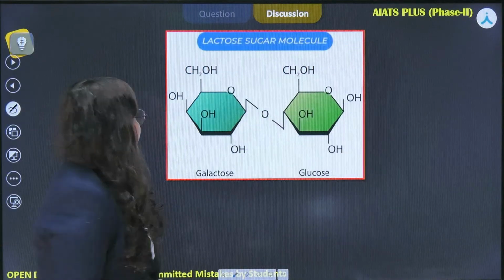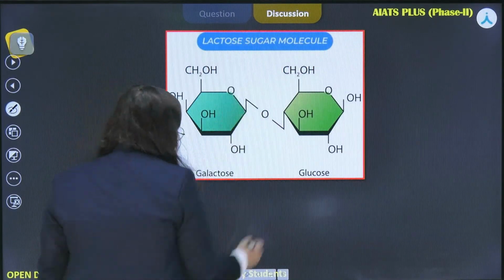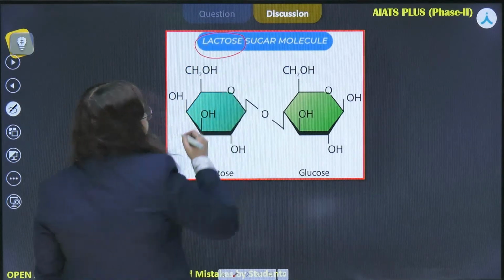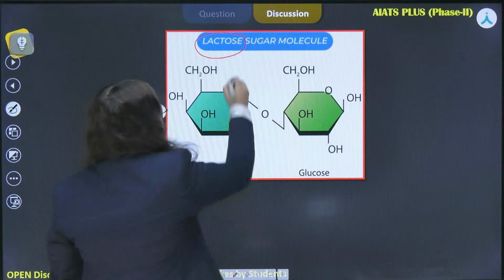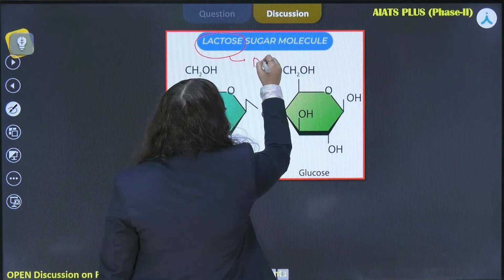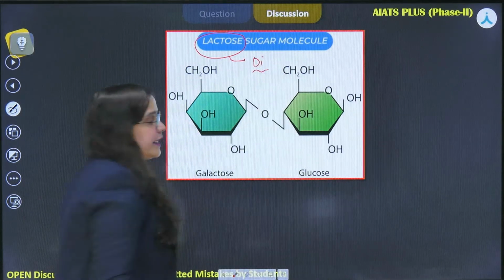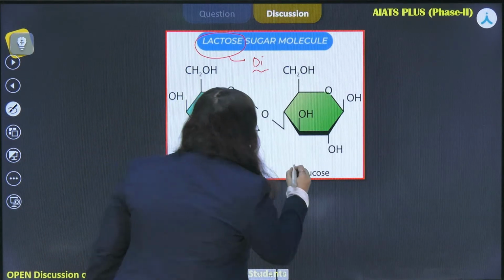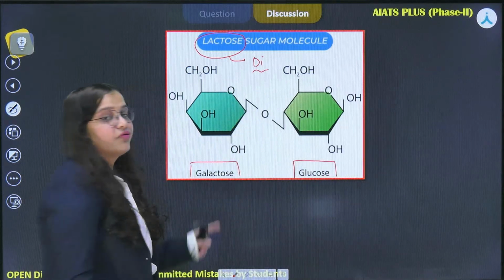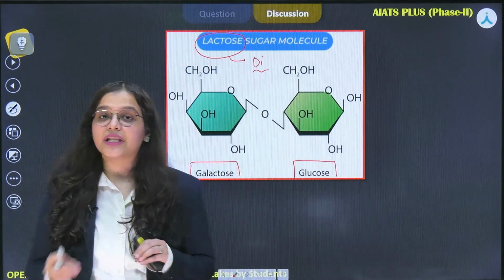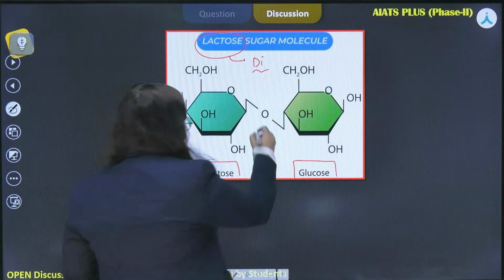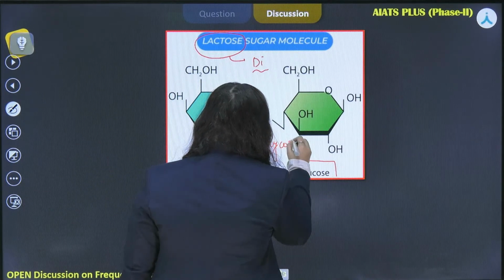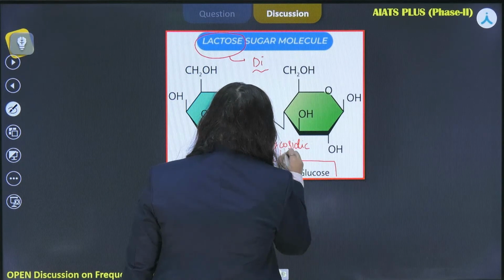All right. Then we can see we have our lactose molecule, and as discussed, it was a disaccharide and it is made up of galactose and glucose molecules, which are joined to each other with the bond which I asked you to comment in the comment section, which is the glycosidic bond.